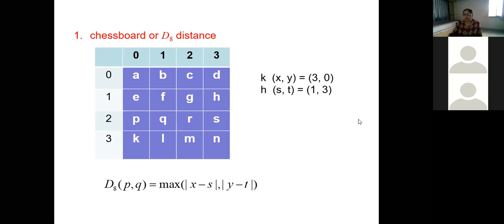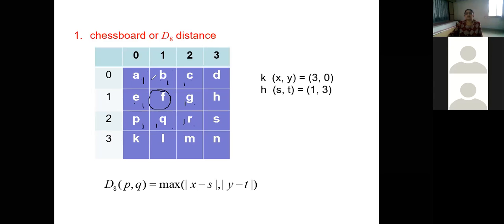Now I'm going to that question, that is why it is known as D8. Okay, so basically, say if we are considering pixel F, all these 8 neighbors A, B, C, E, G, P, Q, and R, all these 8 neighbors are at distance 1 with respect to pixel F. They are treated equally.